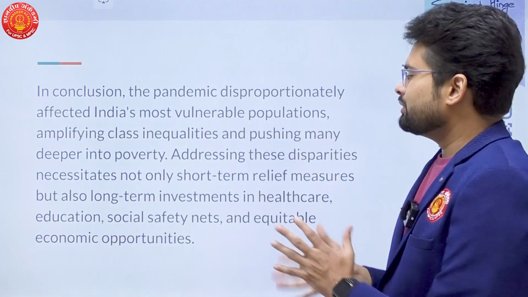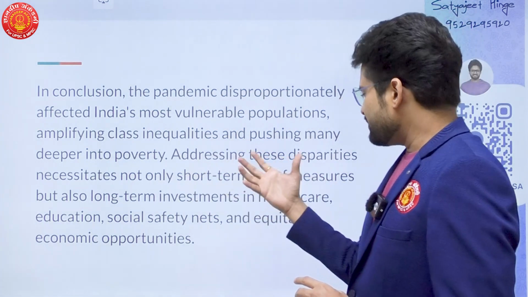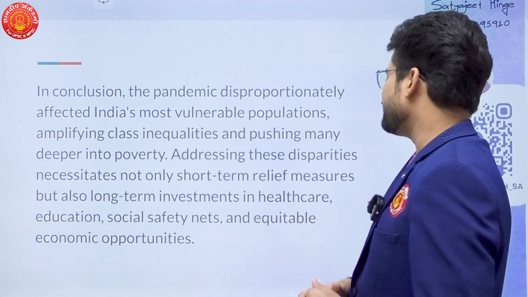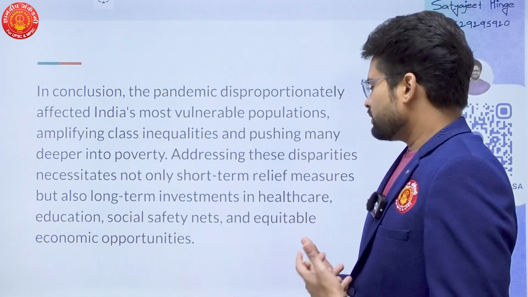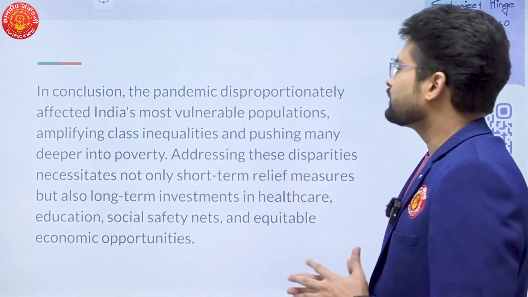The conclusion can be in the solution format. For example, addressing these disparities requires not only short-term relief but long-term relief, like healthcare, education, social safety, and equitable economic opportunities. This can be your conclusion.